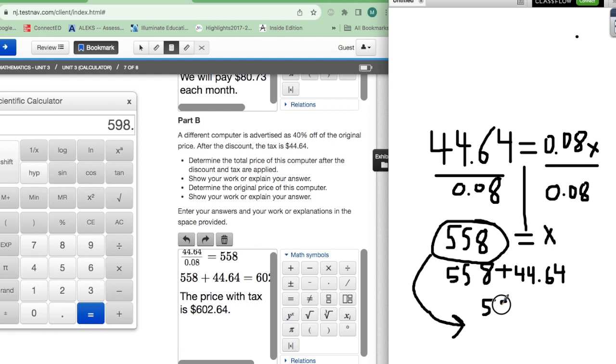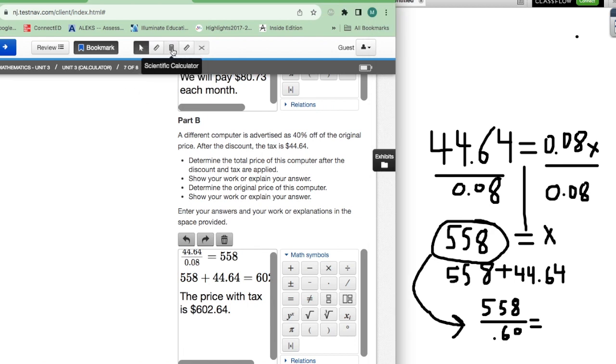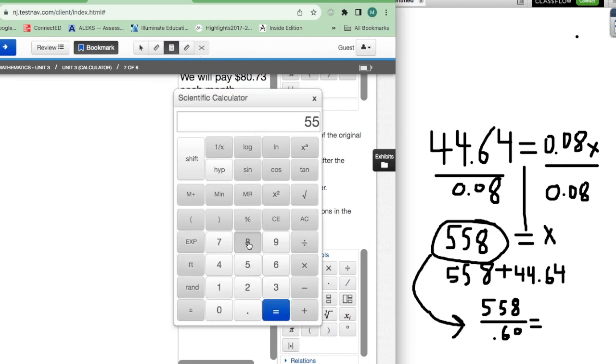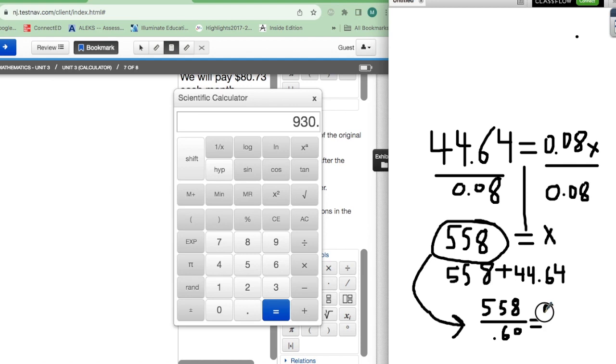So we're going to take 558 and divide it by 60%, or 0.60, to find what the original price was. So let's go ahead and use our calculator again. 558, so before tax, divide by 0.6 to get the price before the sale.